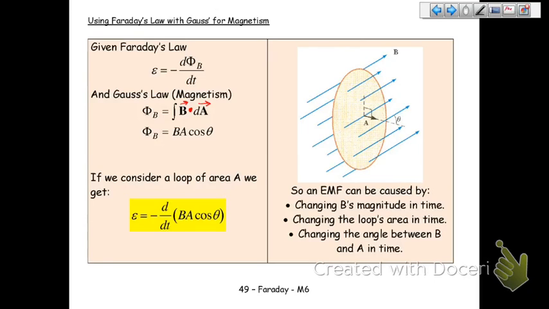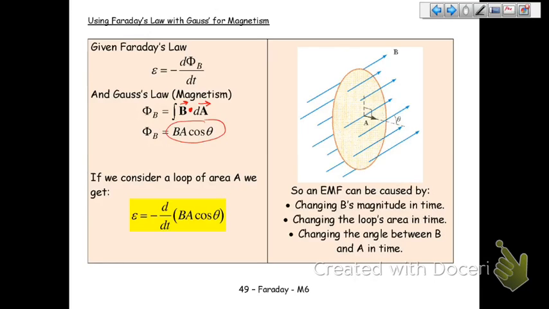It's just perpendicular to the plane, has a magnitude equal to the size of the area, a direction at 90 degrees to the plane of the area. If we consider a loop of area A, we get that E is equal to minus d by dt, and rather than putting this phi B in, put in this guy, BA cosine theta.